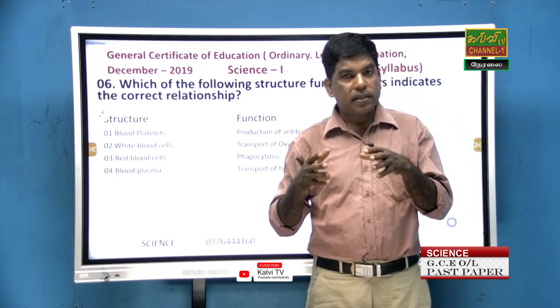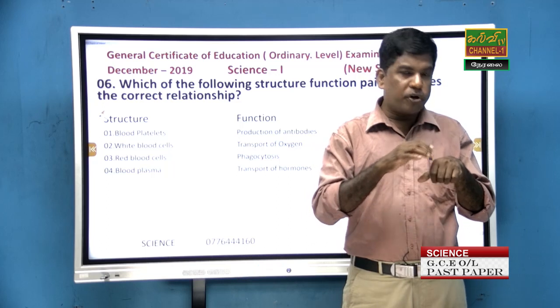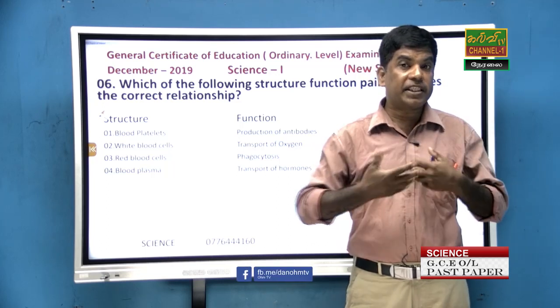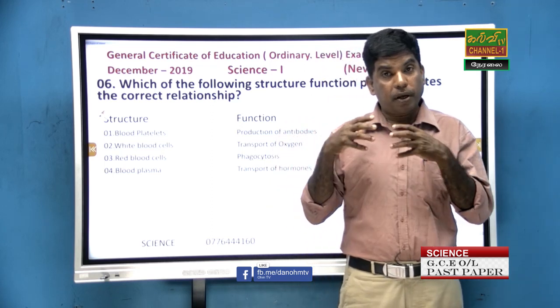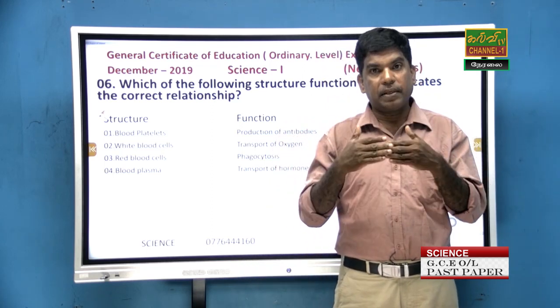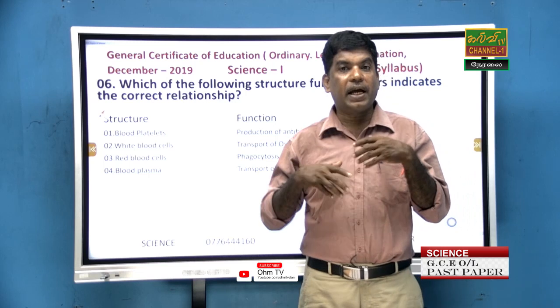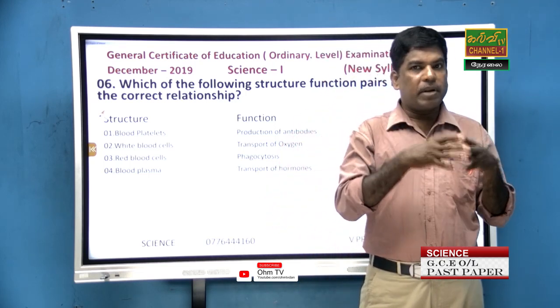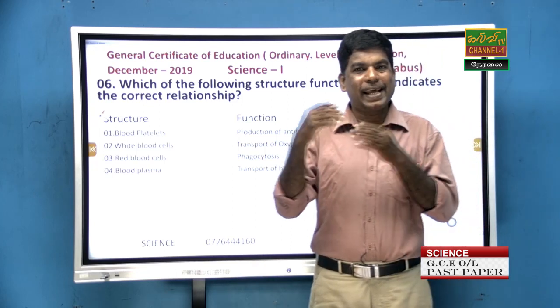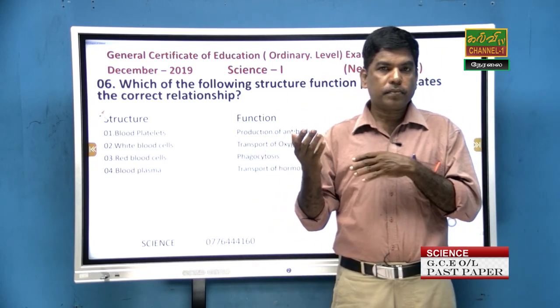Sometimes when there is bleeding, accidentally from a wound, our body needs to stop that bleeding. Therefore the platelets help to clot the blood. So mostly it's related with clotting, right?